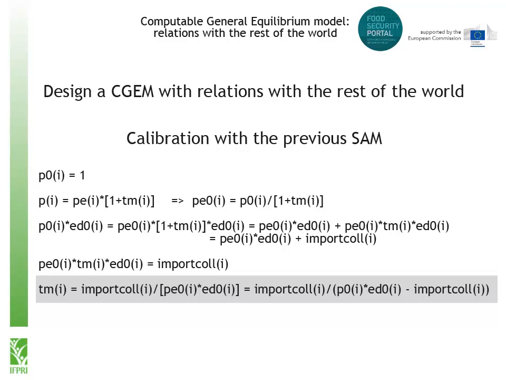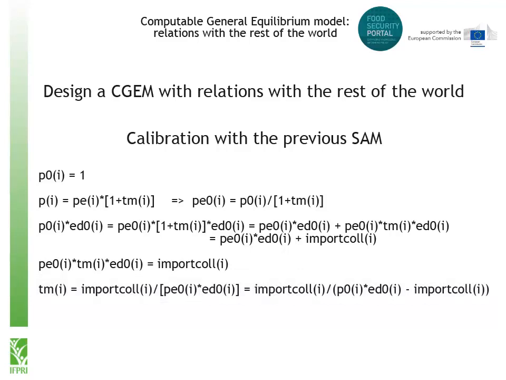You only know P0. So you have to replace the denominator PE0 times ED0 by P0 times ED0 minus import call in sector I. This is obvious from the previous equations.